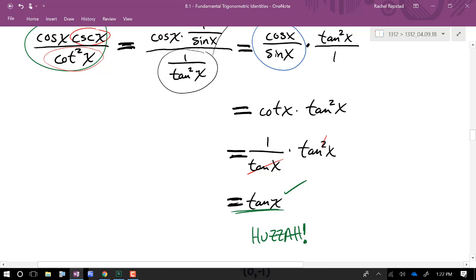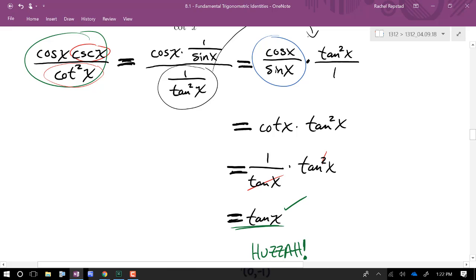Now, I mentioned before there were maybe a couple ways we could proceed. The other way, once we get to this top line here, was to say, well, tangent is sine over cosine. If we just proceed like a choose your own adventure book, turn to page 47 if you want to write tan squared as sine squared over cosine squared.